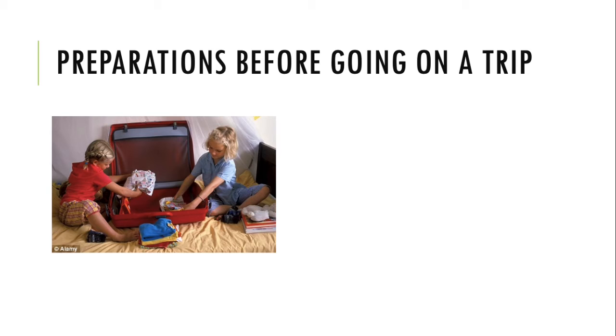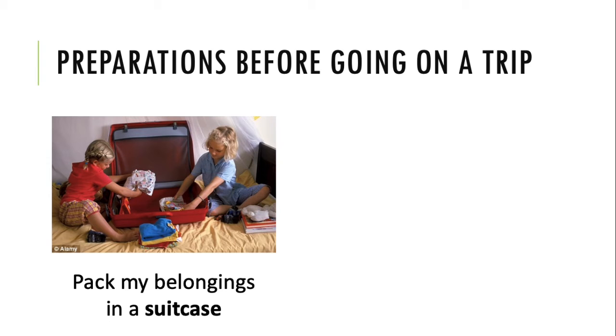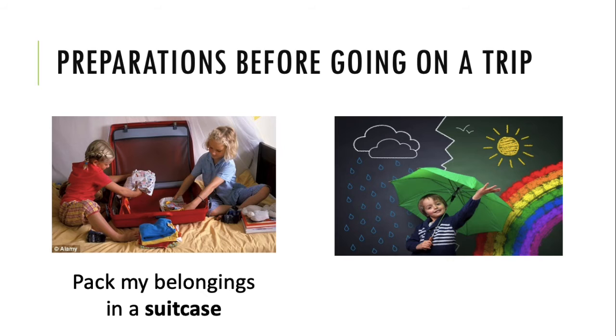What do you think they are trying to do? You guessed it right. They are, in fact, packing their belongings in a suitcase. What do you think the boy in picture 2 is trying to tell us? He is in fact telling us to check the weather forecast of the country we are planning to visit. That way we can pack the appropriate type of clothes for the weather.